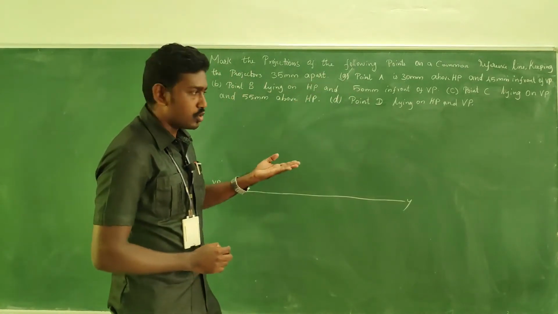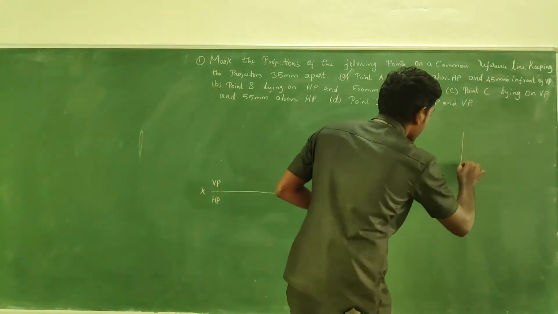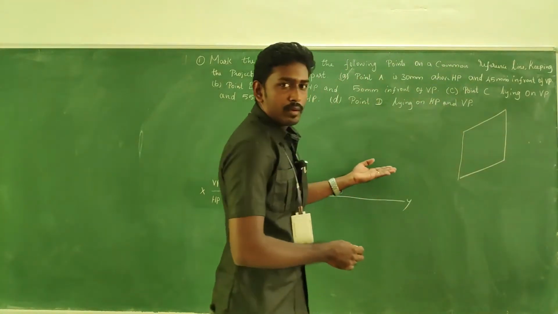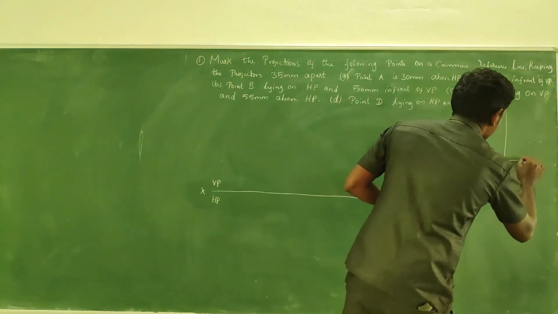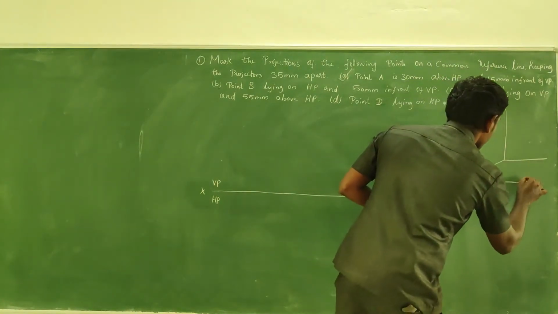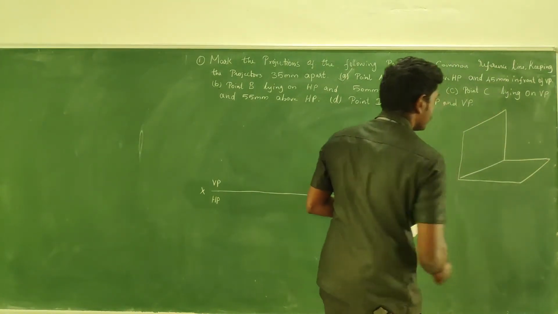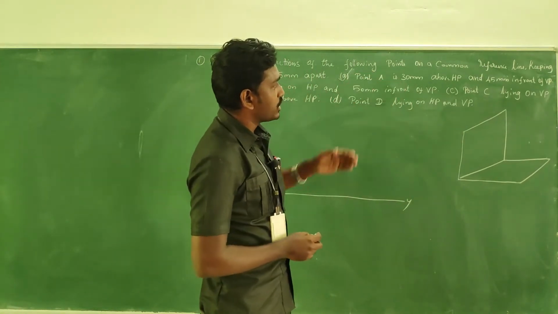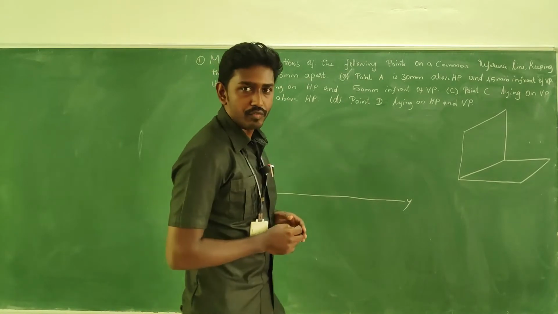So for that, to understand it in a better way, just do the rough work. Have the first quadrant. So you get the quadrant like this. Point A is 30 mm above HP and 45 mm in front of VP.